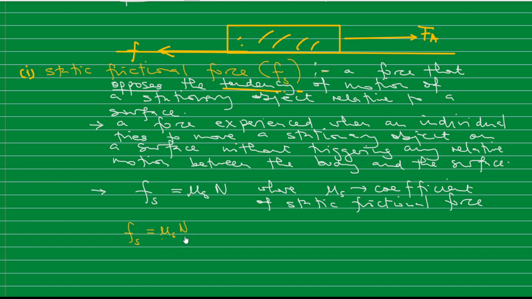So when we divide by n, you'll find we have the equation mu s is equal to Fs over n. So this is just a constant of proportionality, the proportion between the frictional force and the normal force. So mu s is the coefficient of static frictional force, and n represents the normal force.